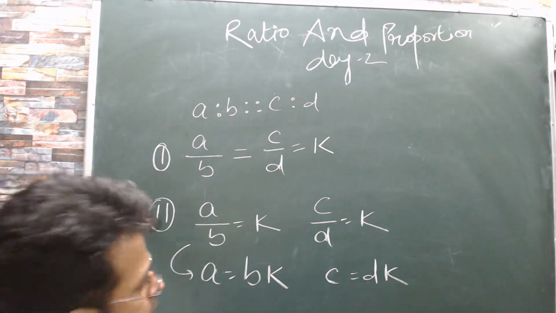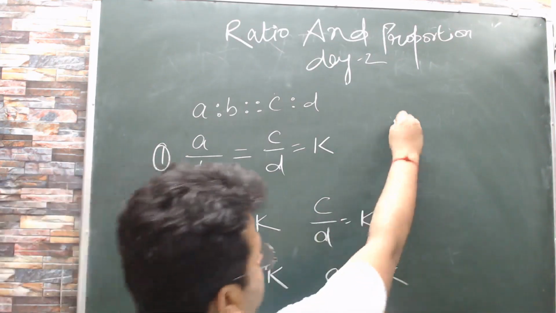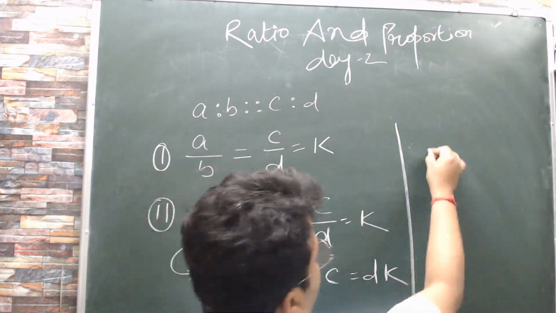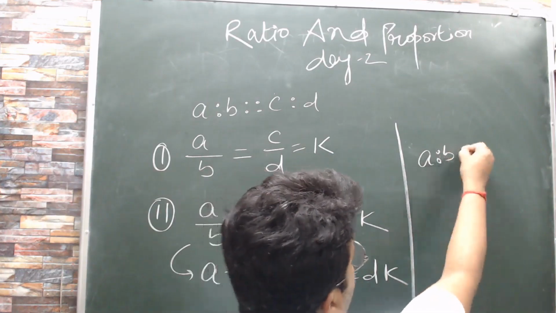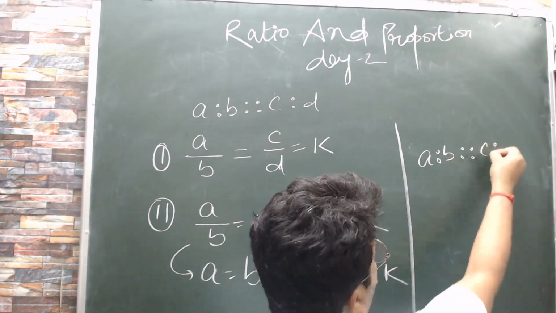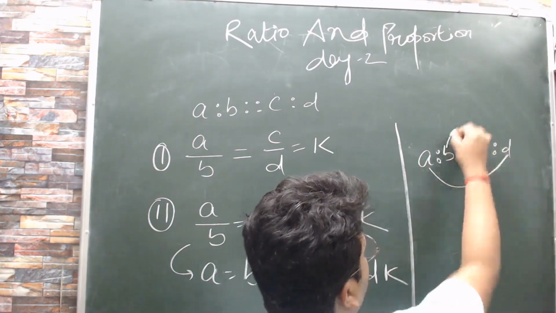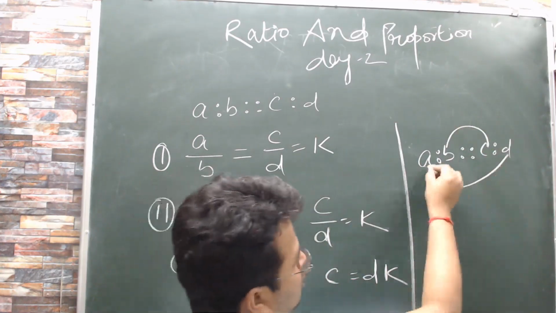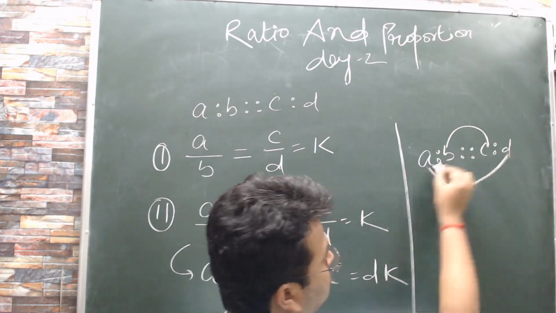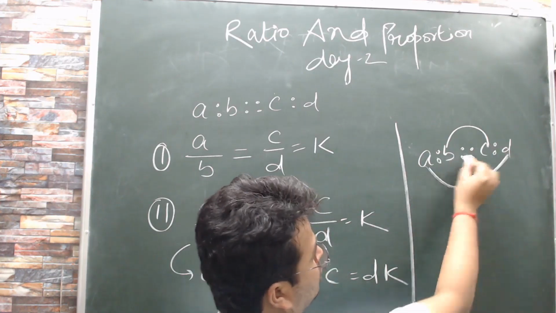Now, another concept is that in the proportion, A ratio B in proportion with C ratio D, this means A, D and B, C. Both the extreme terms, this is called the extreme term, and this one is called the mid term.